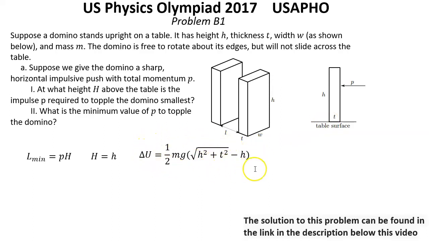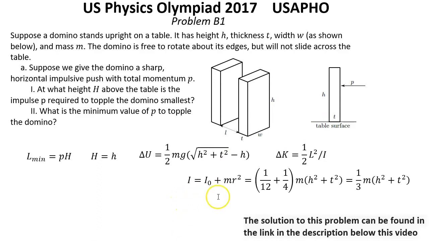So that will be the total change of potential energy, and that must be equal to the kinetic energy which we got from this initial push. This kinetic energy equals L²/(2I), where L is the angular momentum we got from this push, and I is the moment of inertia of this domino around the down left corner. Now we need to calculate this I using the parallel axis theorem.